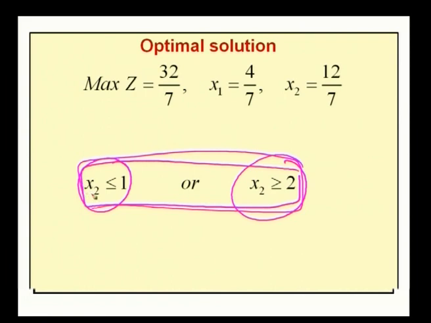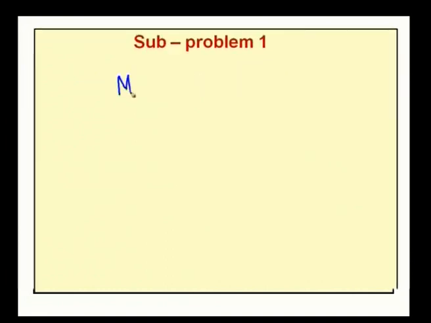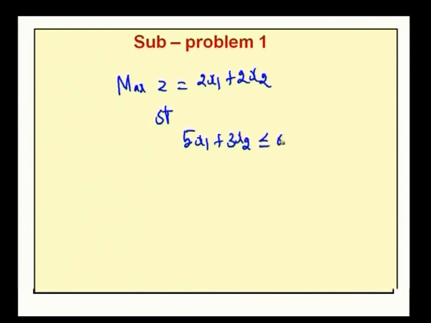Therefore, our sub problem 1 is maximize z equal to 2x1 plus 2x2 subject to the constraints 5x1 plus 3x2 less than or equal to 8 and x1 plus 2x2 less than or equal to 4, and the additional condition x2 less than or equal to 1, x1, x2 greater than or equal to 0.